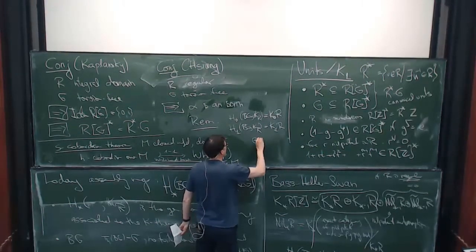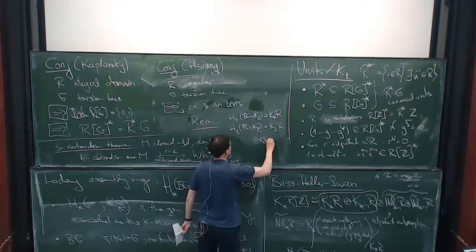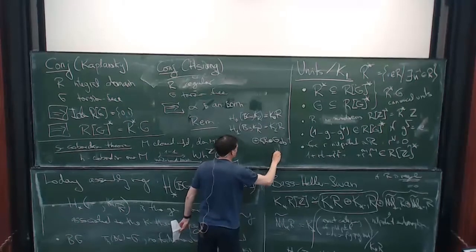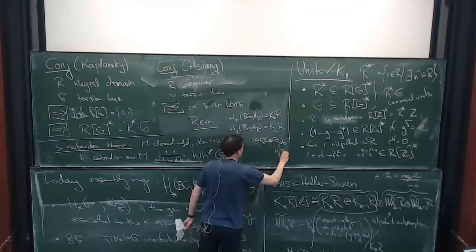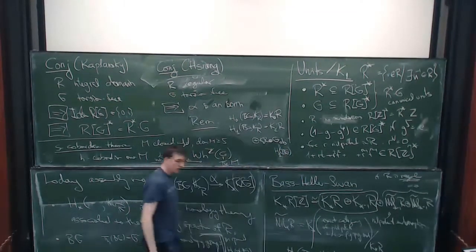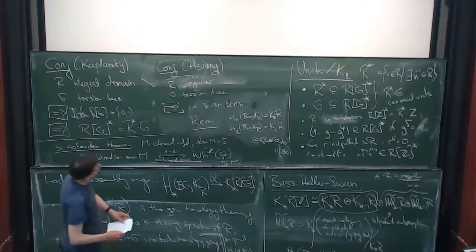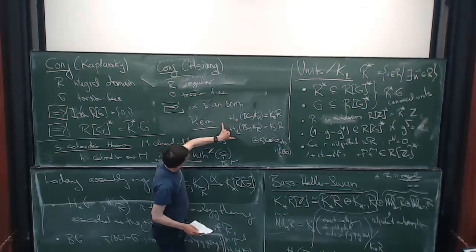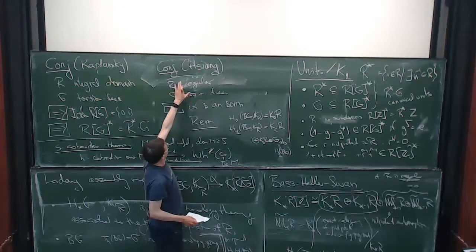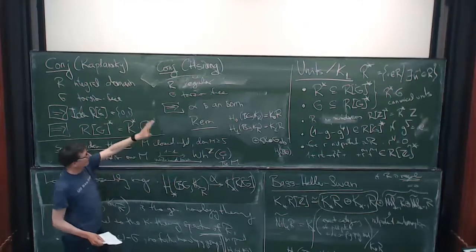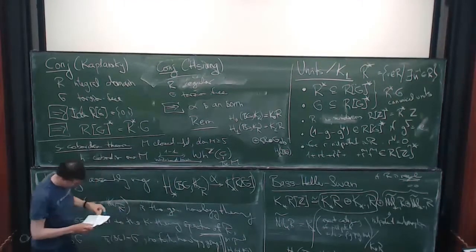So it's K0 of R tensor with the abelianization of the group, which we may want to write as the first homology group of G. So this remark is supposed to explain that the conjecture as formulated here, if we go back to star equals 0 or 1, is exactly what we had before.